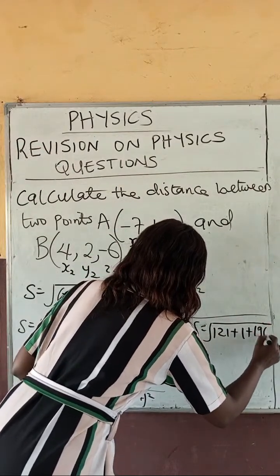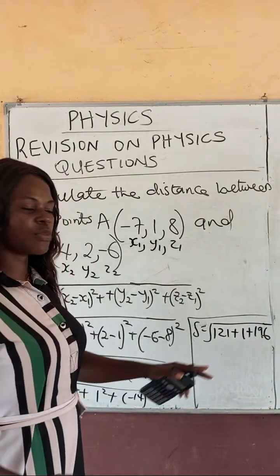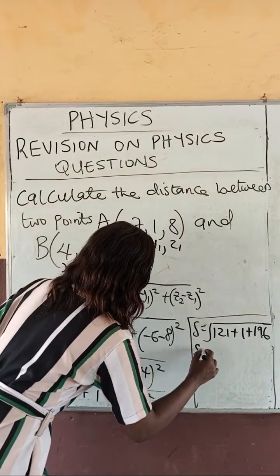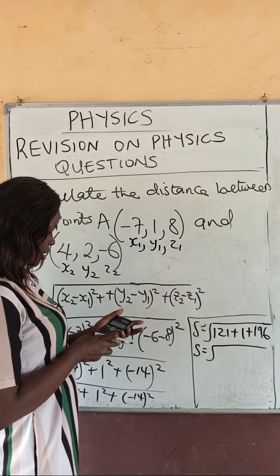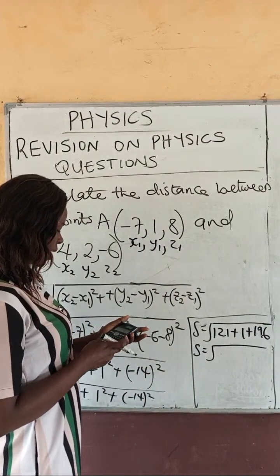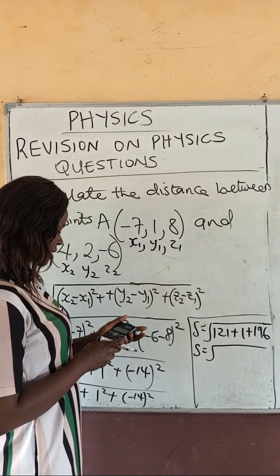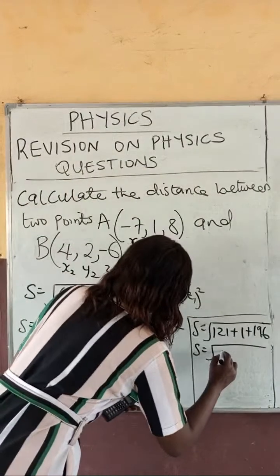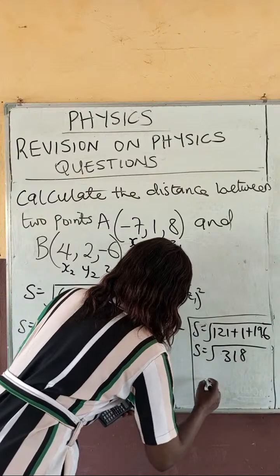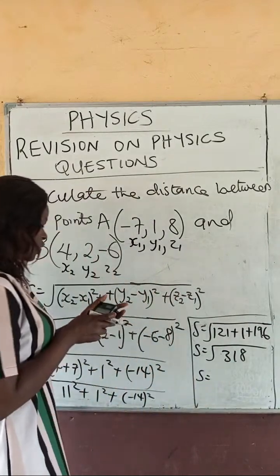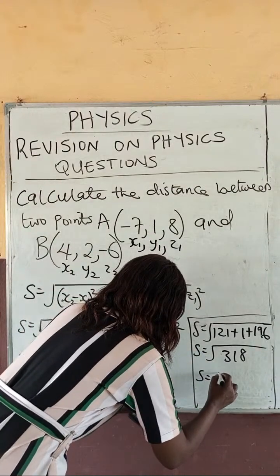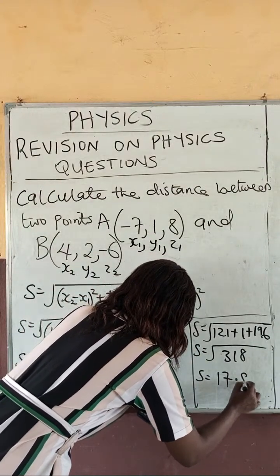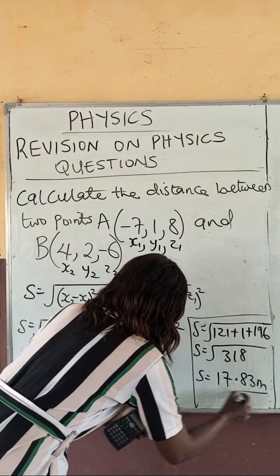Okay? 196. So what I'm going to do is to add them together. That is x is equals to, let's add them together. 121 plus 1 plus 196. Okay? So I'm going to have 318, right? So I'll find the root of the answer. My answer becomes 17.83 meters.